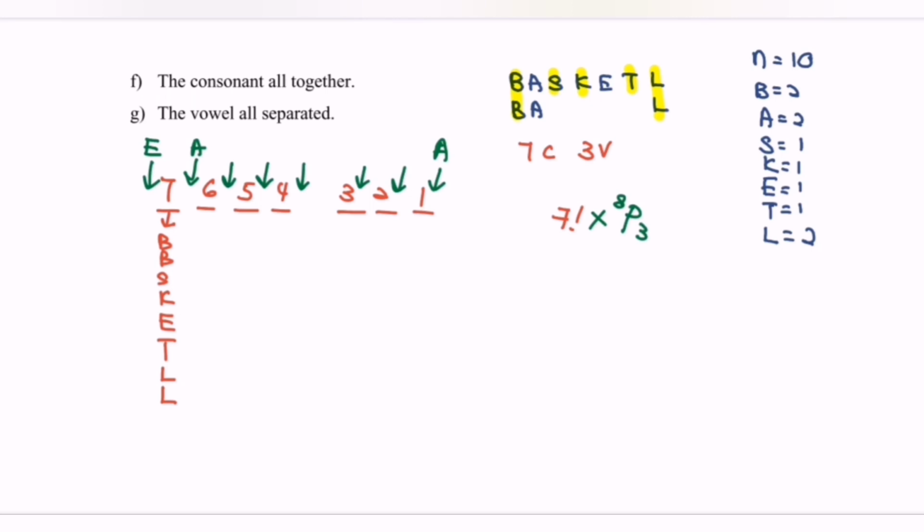And we notice that we already arranged all the alphabets, meaning there are repetition cases. So what we can do is divide by 2 factorial for L, 2 factorial for B, and 2 factorial for A. So as a conclusion, the answer would be 2160. So here we are, and thanks for watching.